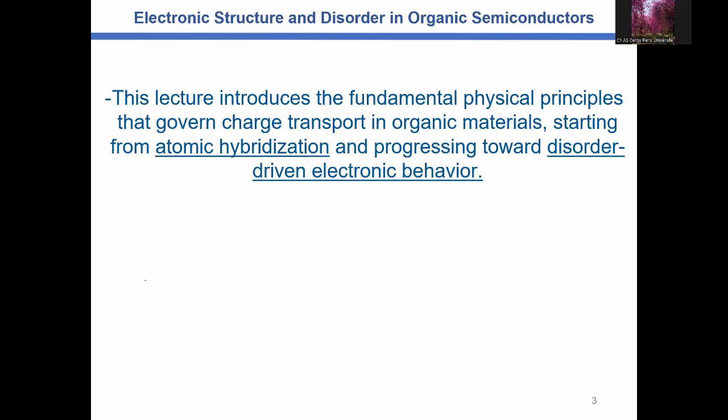Our electrical behavior goes to the sp2 hybridization. And we know that organic is more amorphous than inorganic materials. So if you think that electronic structure always comes from the crystalline structure, how could it work with organics if they don't have a periodic lattice?